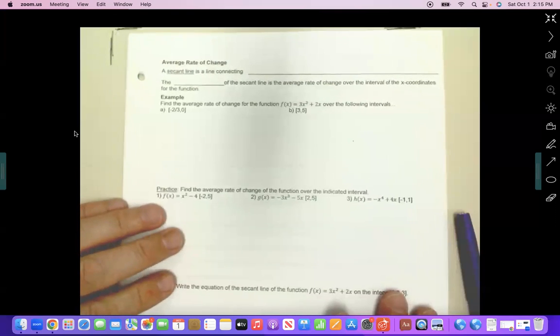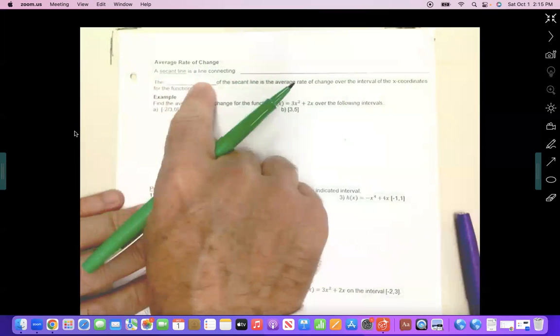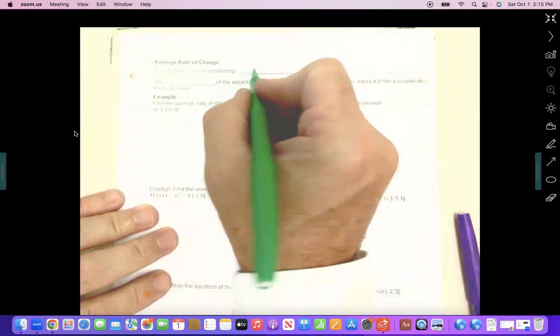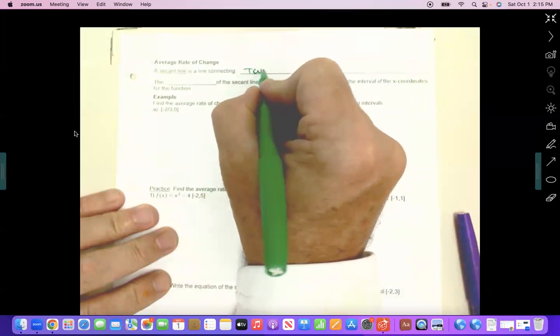Now, the final thing today we're going to talk about on our functions is the idea of a rate of change. To get an understanding of that, we need to go back to a geometry term called a secant line. A secant line is a line connecting two points on a curve or on a graph.